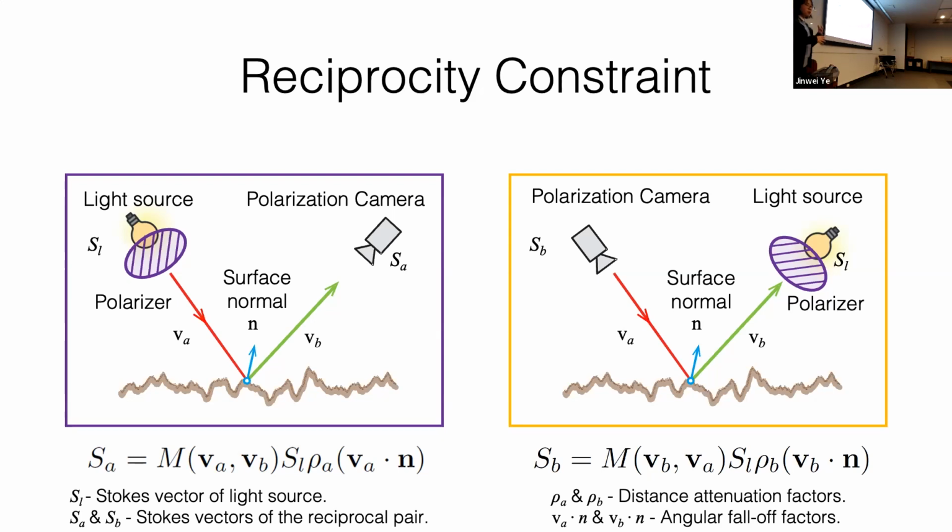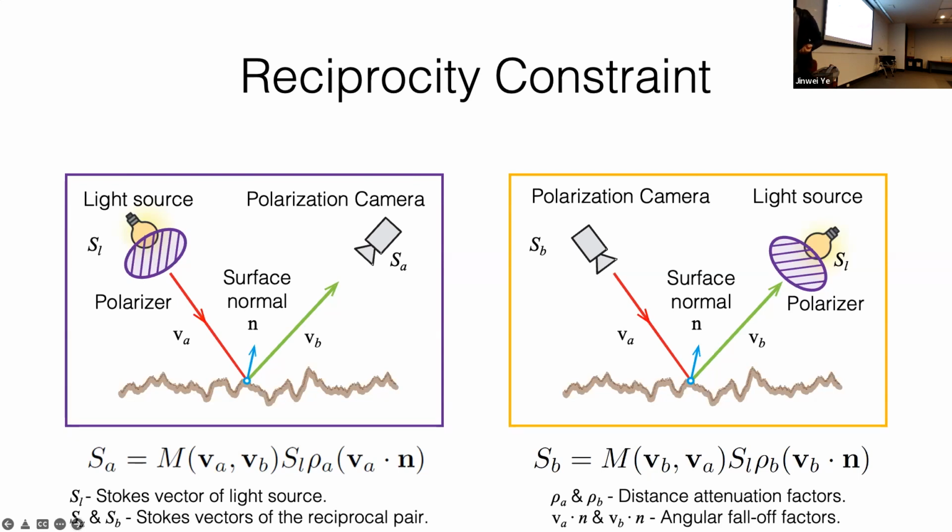We are still using the same setting for taking reciprocal images by switching the camera and light source positions, and here we're using a polarized light source. For the light source, we have a polarizer in front of it.